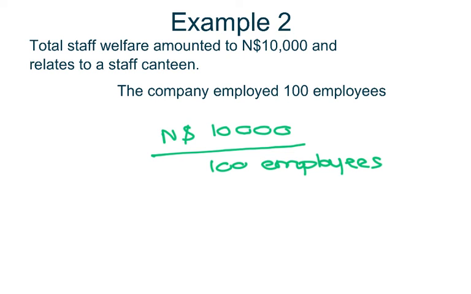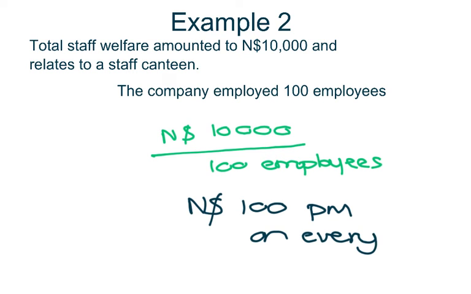Now, why is it important to look at the number of employees? Because remember, these employees can work in different departments. So let's say 40 of these employees work in Department A. We will have to allocate the staff welfare for 40 employees to Department A, and then the same to Department B and C. If we do this calculation, then you will see the company basically spent $100 per month on every employee.